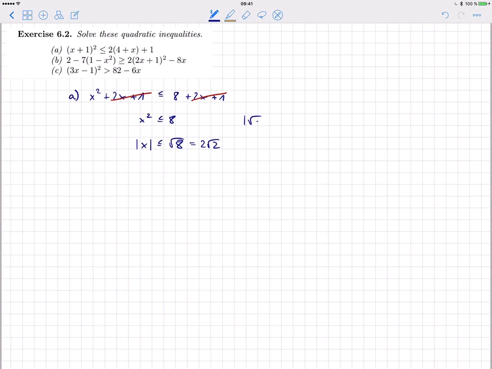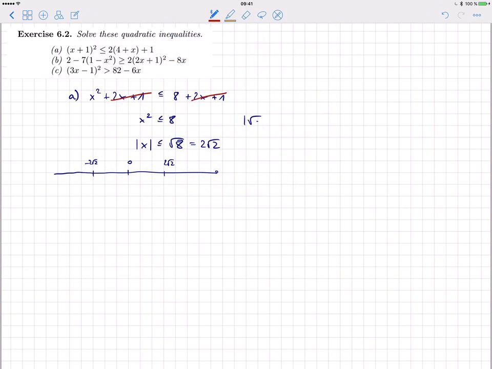X can be negative, but it can't be too negative, because a number that is too far on the negative side is actually in the square very large, larger than 8. So what actually happens is 2 square root of 2 is here, 0 is here, this is minus 2 square root of 2.